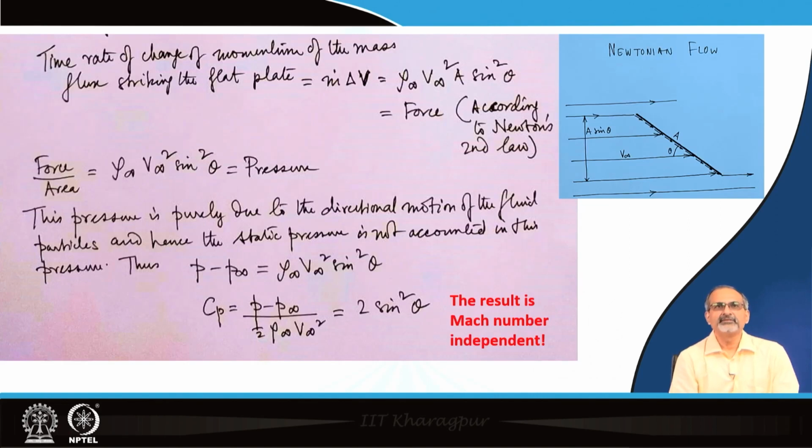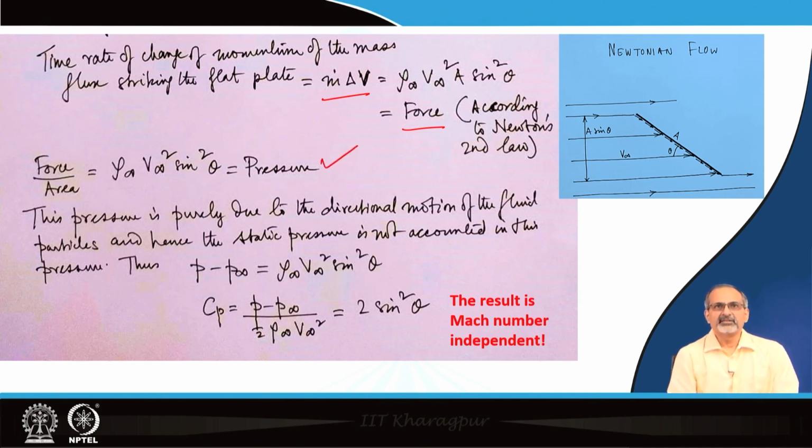The time rate of change of momentum of the mass flux striking the flat plate would be m dot into delta v, which is again according to Newton's second law the force acting on the plate, and given by the expression rho infinity v infinity square A sin square theta. Force per unit area would give us the pressure.